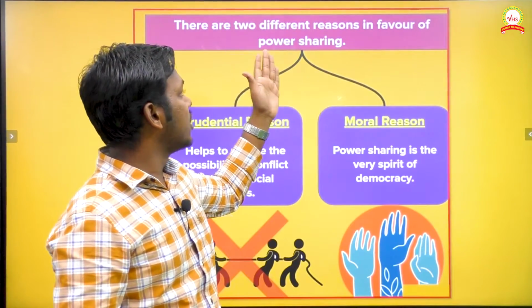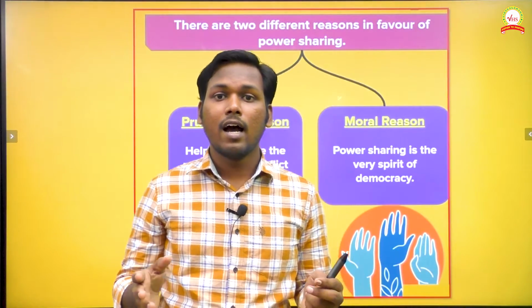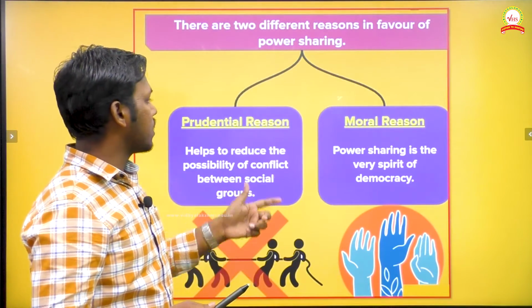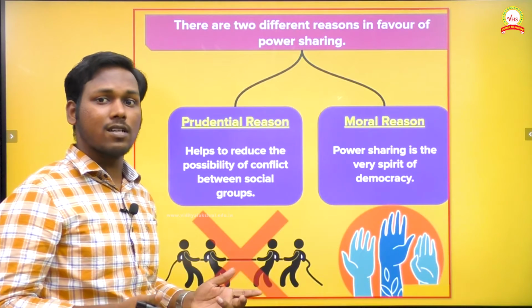So there are different reasons in favor of power sharing. When we share the powers, it is not that we are weakening the powers. In turn, we are strengthening the power in order to stabilize the safety and the unity. Prudential reason: prudential is nothing but checking out the pros and cons.